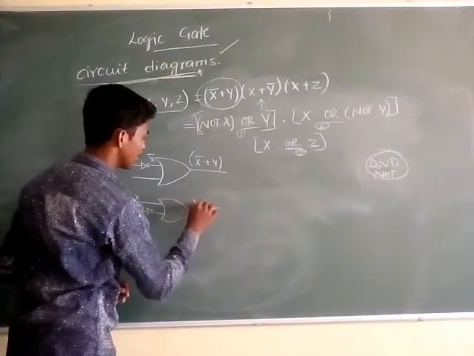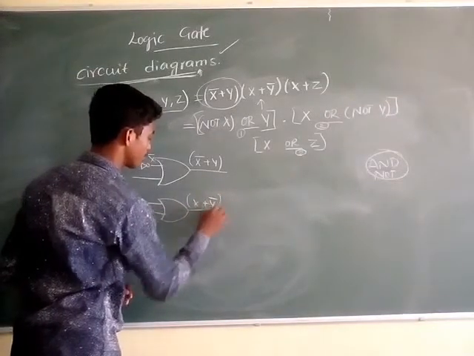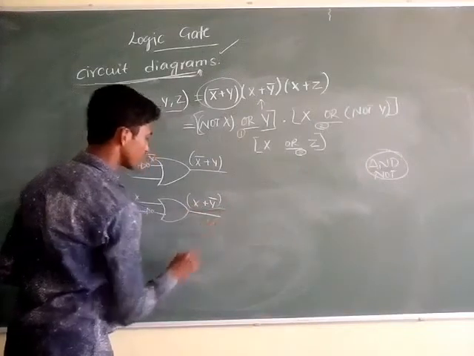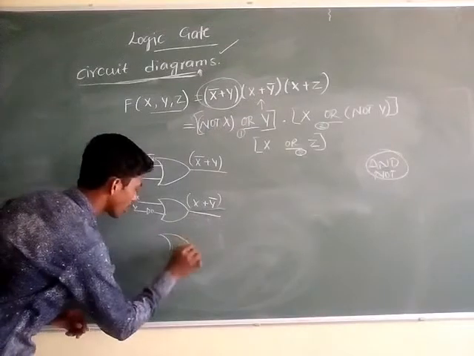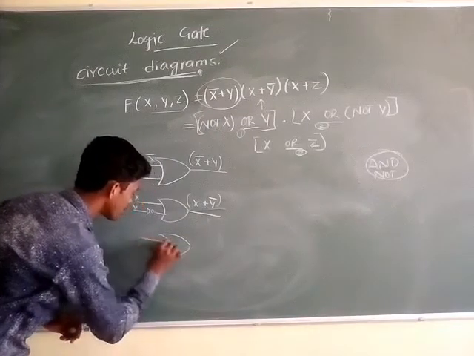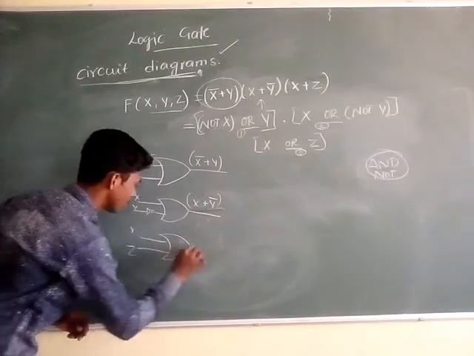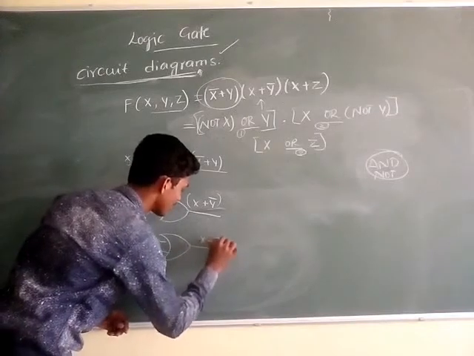Finally, we will get X plus Y complement. Then the last one, X plus Z is there. For that, an OR gate with the two inputs X and Z, X plus Z.